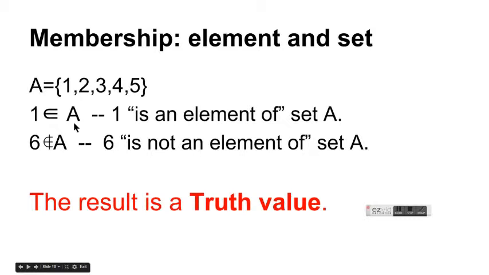We read this as 1 is an element of set A. We use this symbol to represent not an element of. So 6 is not an element of set A. Notice that the result is the truth value.